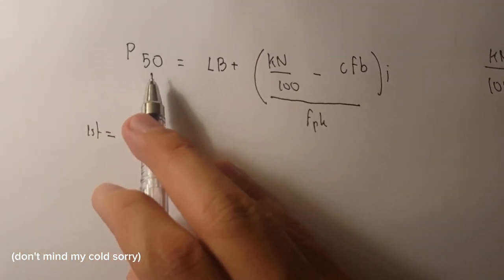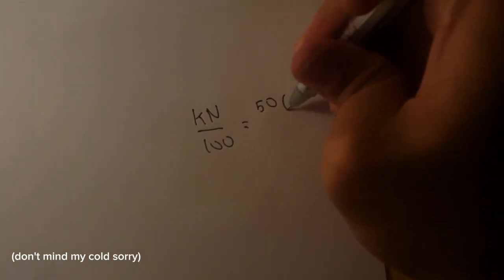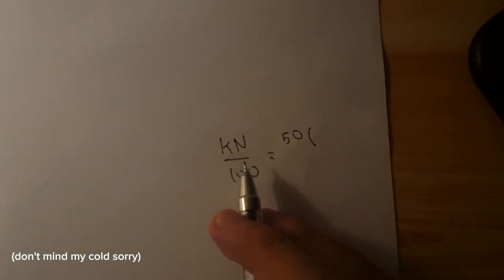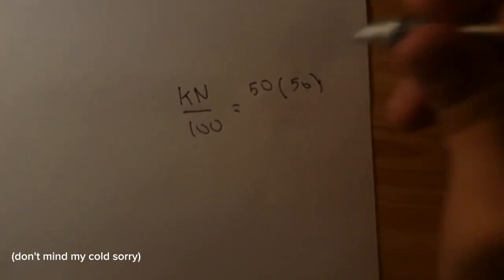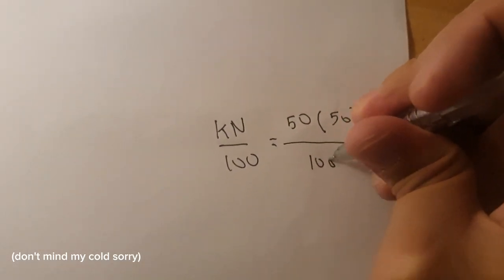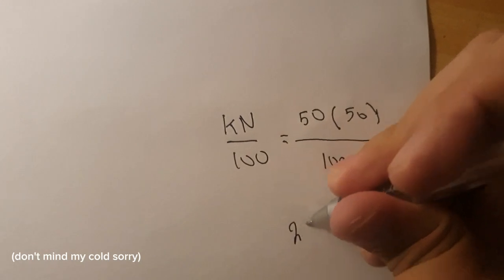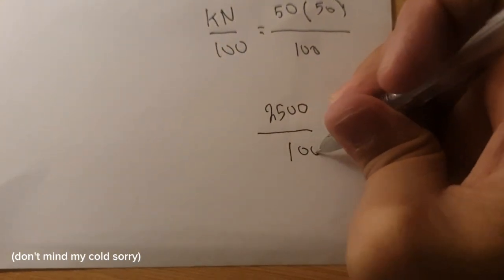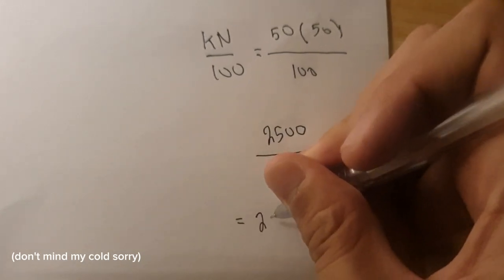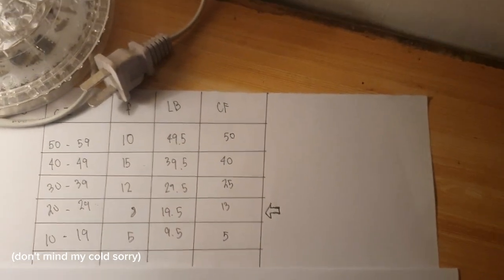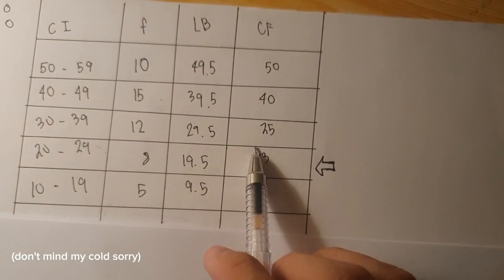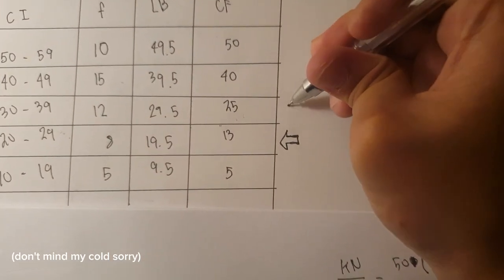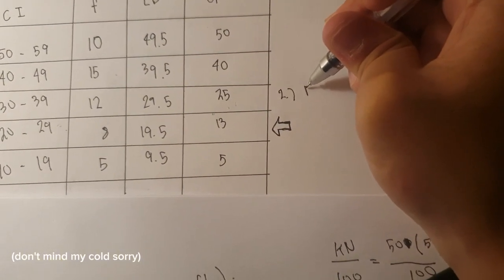Our K is the number we're finding, which is 50, times the total frequency, the highest cumulative frequency, 50, divided by 100, which is 2500 divided by 100, which equals 25. Now we find where the 25 falls. We can see it here, exactly on the 25.